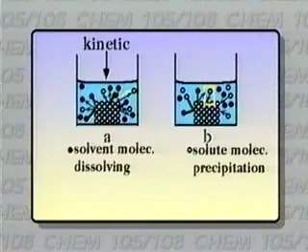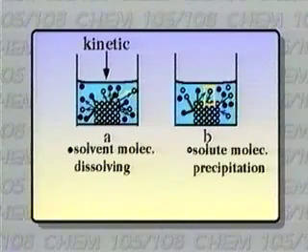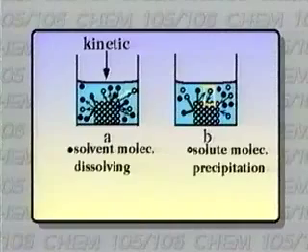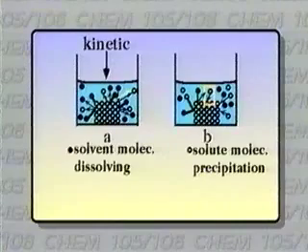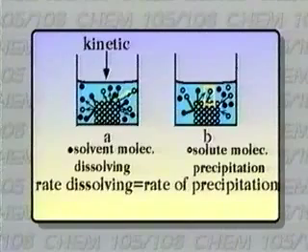When we initially put the solute in, the only process that can occur is dissolving. After some length of time, however, once we have particles dissolved, we can begin to get the process of precipitation. Now, if we put in enough solute, we will reach a point along the way where the rate of dissolving will become equal to the rate of precipitation.